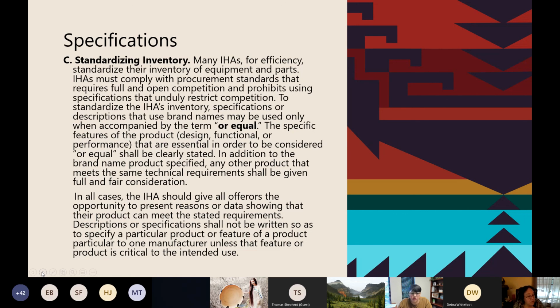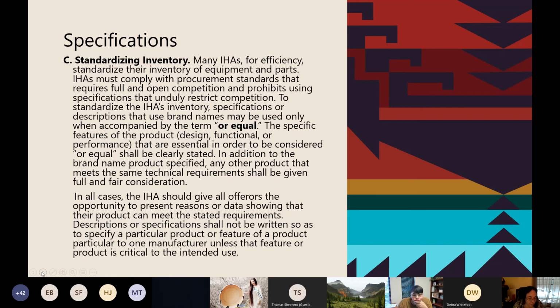The specific features of the product design, functional or performance, that are essential in order to be considered "or equal" shall be clearly stated. In addition to the brand name product specified, any other product that meets the same technical requirements shall be given full and fair consideration.